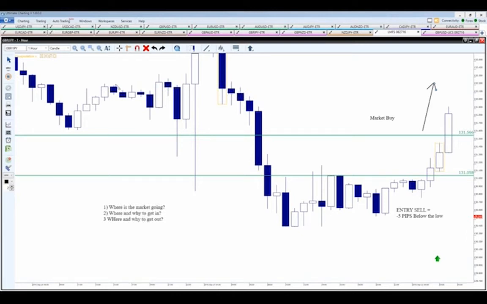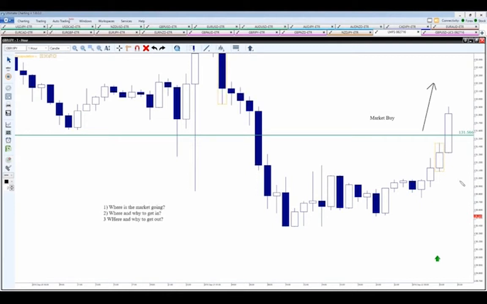Now, once one of these positions gets triggered, we're going to cancel the other ones. In this case, first order of business is to come in here and cancel our entry sell because we believe the market's going to be going up in that bullish movement. Now, the next order of business is to come in here and set a floor up. We want to limit our risk on this trade. So what we're going to do is set a stop loss.